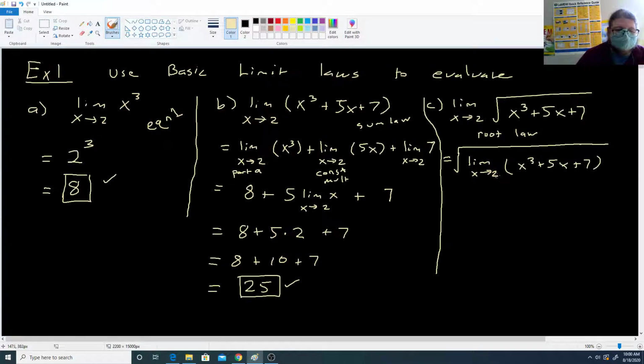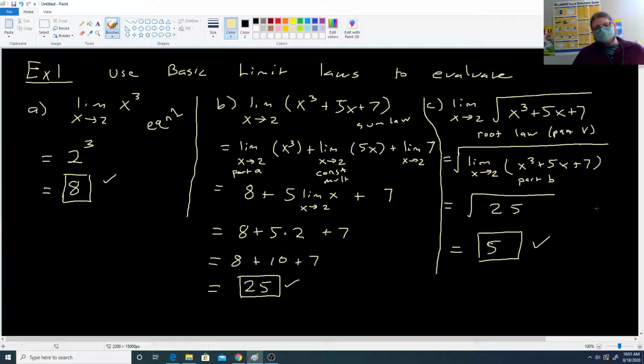So we're using the root law, the root law part of part 5. Again, you'll refer back to the equations above this video to see exactly which one that is. Then we just saw from part B, the limit as x approaches 2 of x cubed plus 5x plus 7 equaled 25. So this whole thing equals square root of 25, which is 5, and we are done.